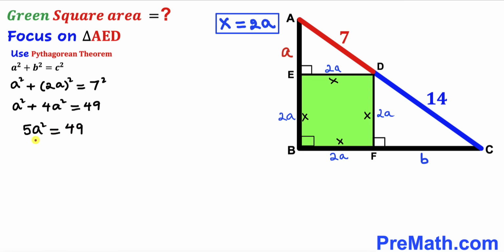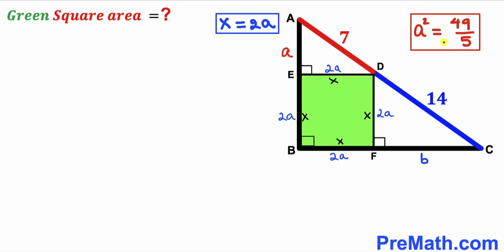Now I'm going to divide both sides by 5 to isolate a squared. So we can see this 5 and 5 are gone, and our lowercase a squared value simply turns out to be 49 divided by 5.